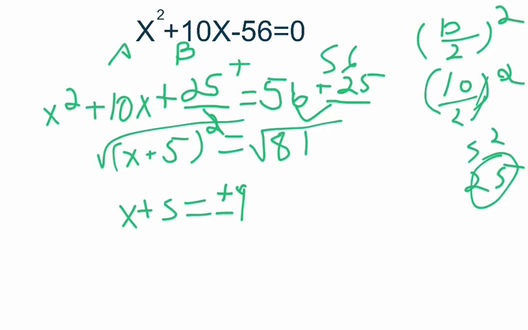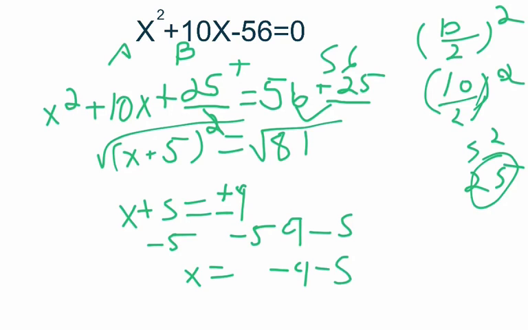From here, you can just subtract the 5 from both sides. And that gives you x equals, since it's two solutions, 9 minus 5, and then negative 9 minus 5.